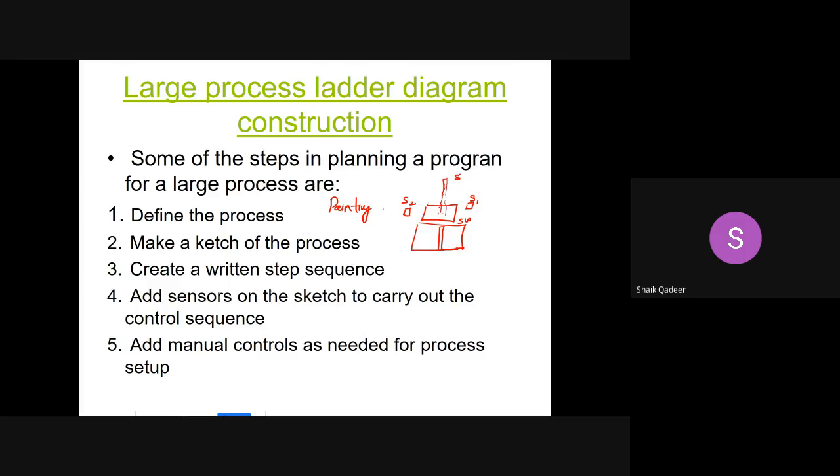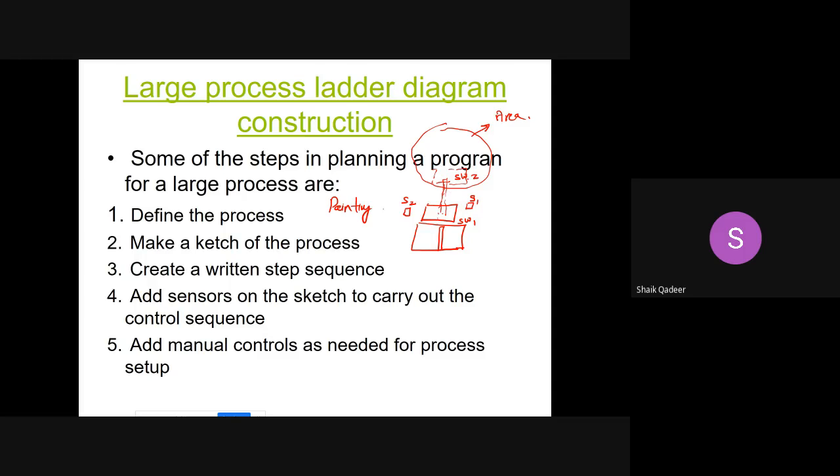There is another switch present over here, which senses the reaching of this workplace at the area where we can do the painting operation. This is switch 1, this is switch 2.